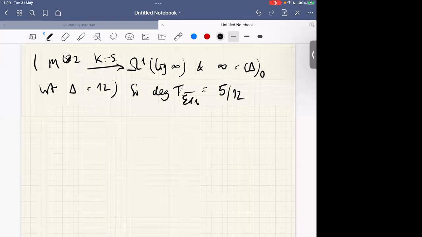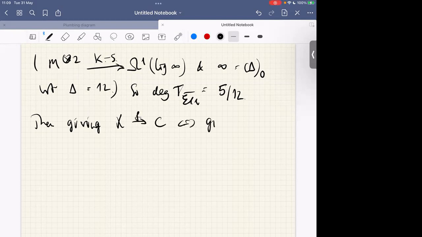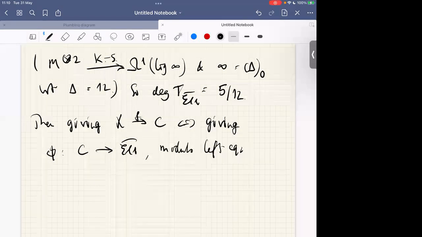So under our assumptions, giving X to C is equivalent to giving a classifying morphism modulo left equivalence, not modulo right equivalence.